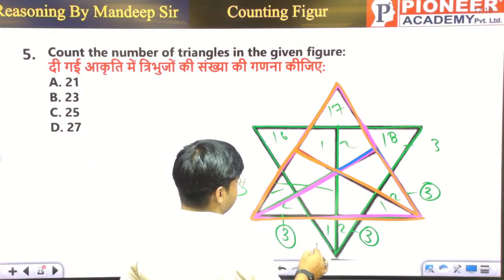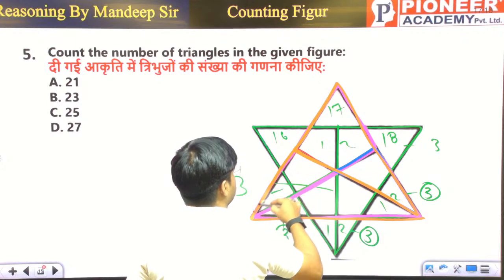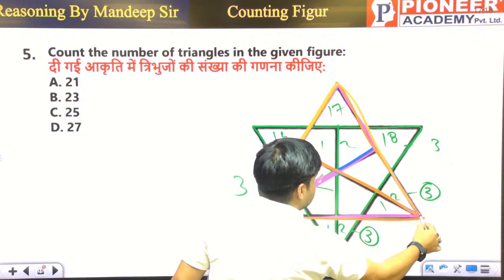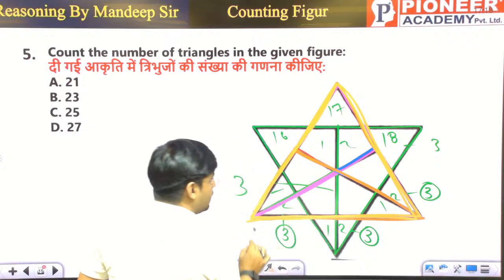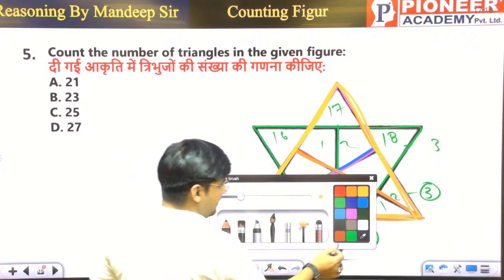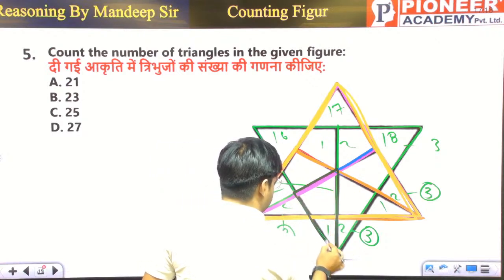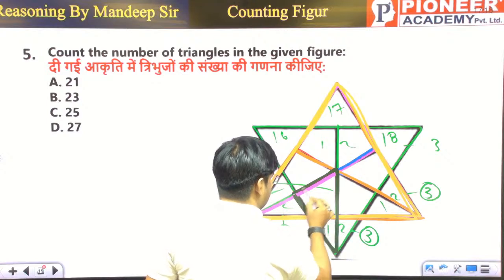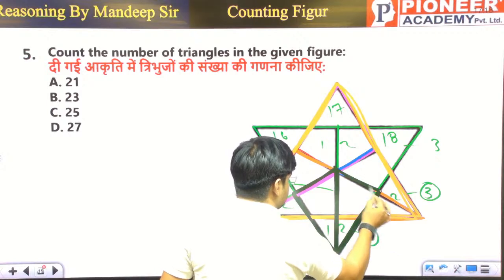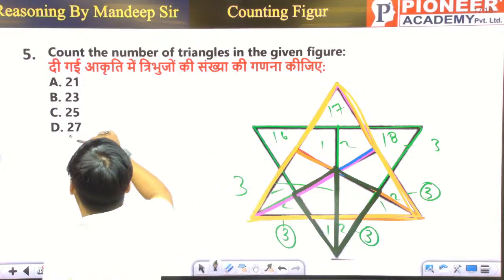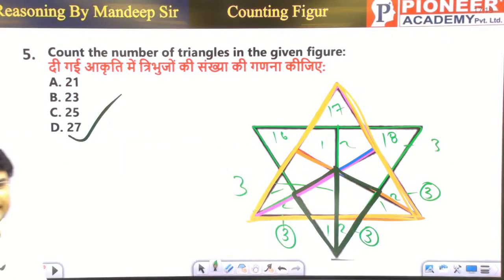And this one, 25. We got 25 triangles. And 26 and 27. There are 27 triangles in this figure. Clear?